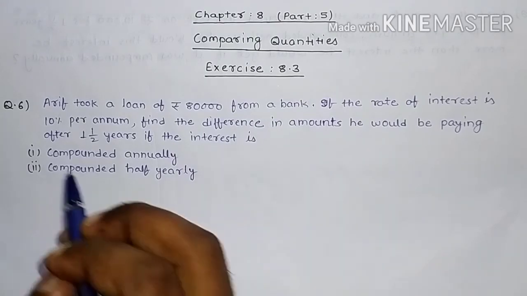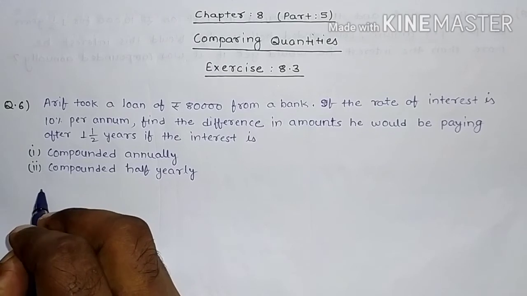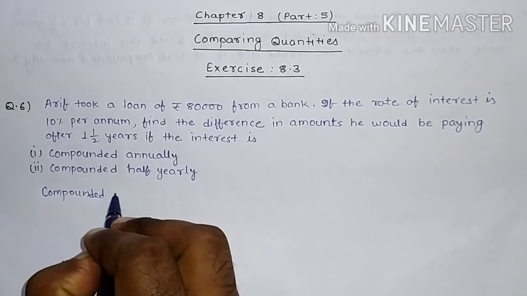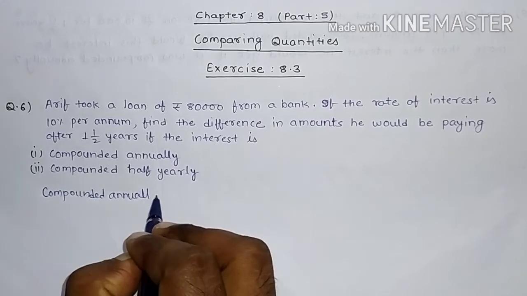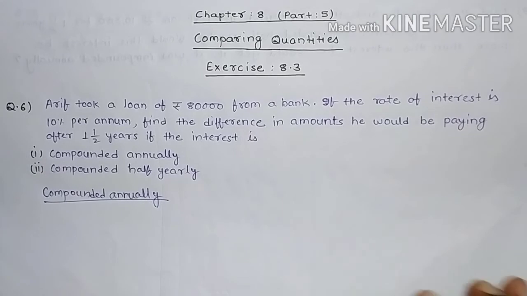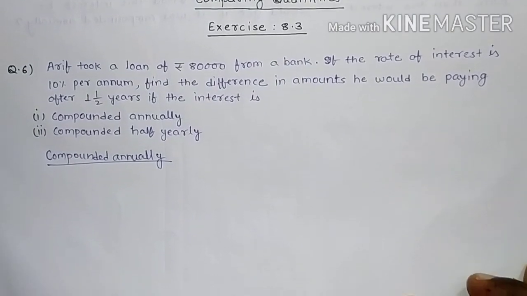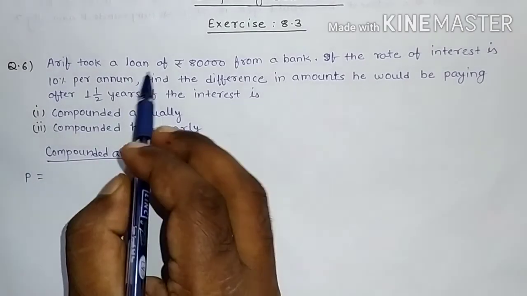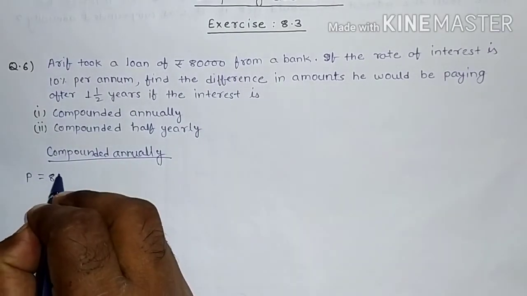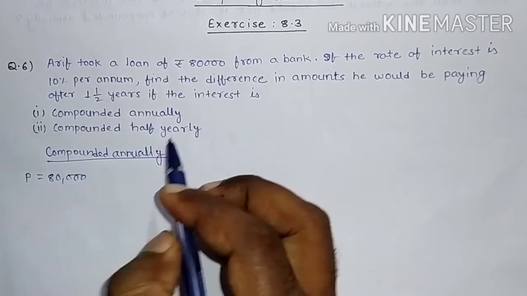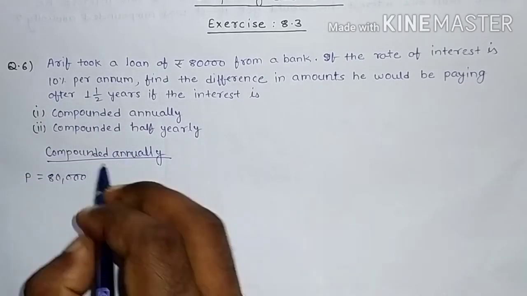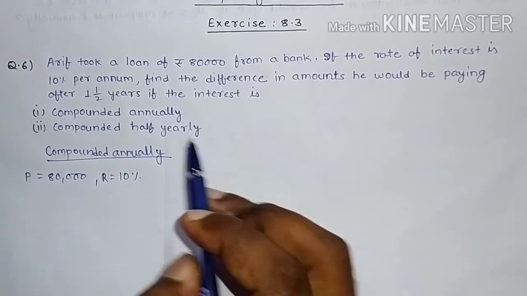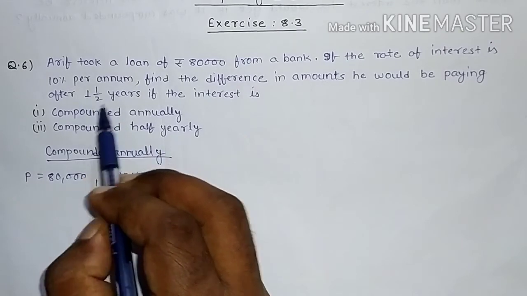Now first of all we have to find the amount when interest is compounded annually. So principal is given, P equals 80,000, and rate of interest, that is R equals 10% per annum, and time is given 1.5 years.